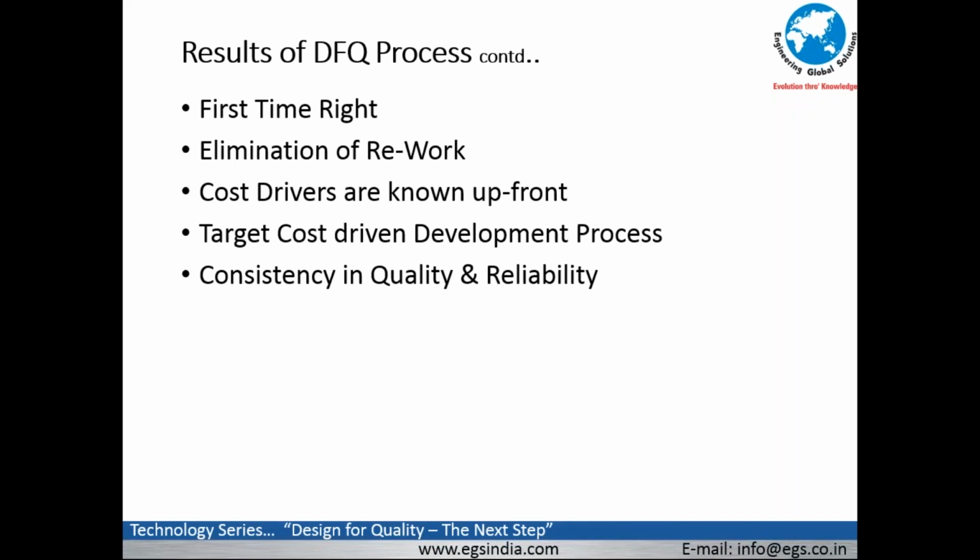Let us remember that for reliability to be achieved, fewer number of components going into the assembly is a prerequisite. In other words, the assembly issues that arise as a result of the tolerances can be minimized even by reducing the number of components going into the assembly. This way, the consistency in quality and reliability are achieved.